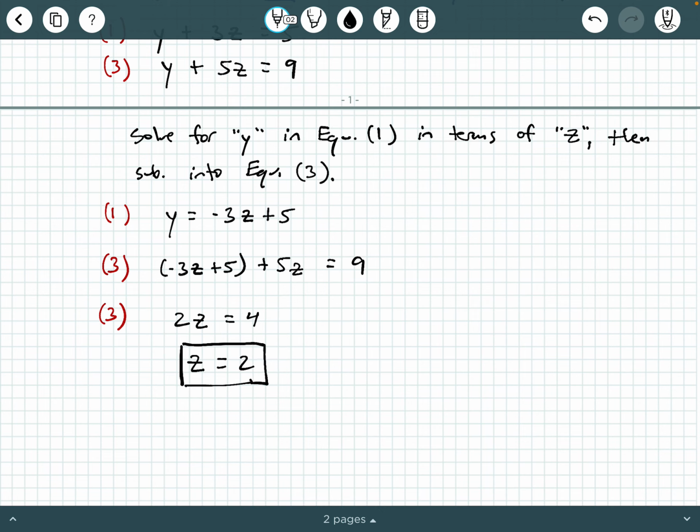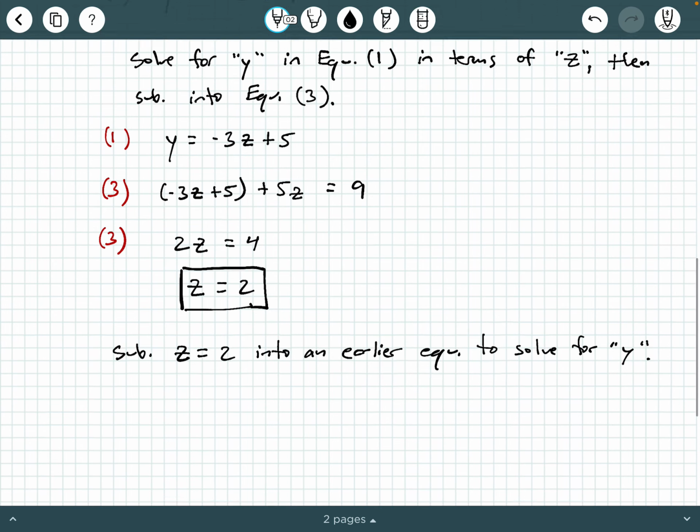We need to get the whole solution. That means we need to get a value for x and y. So now I can substitute z equals 2 into an earlier equation to solve for y.